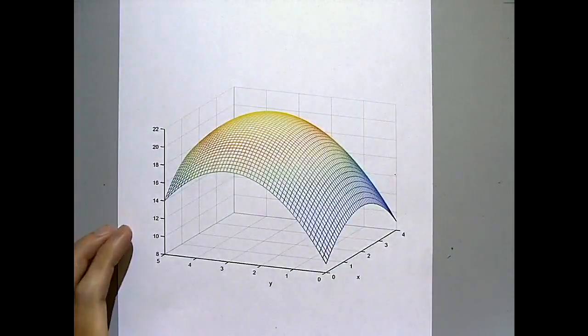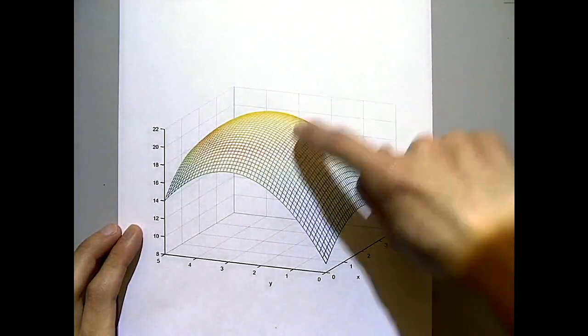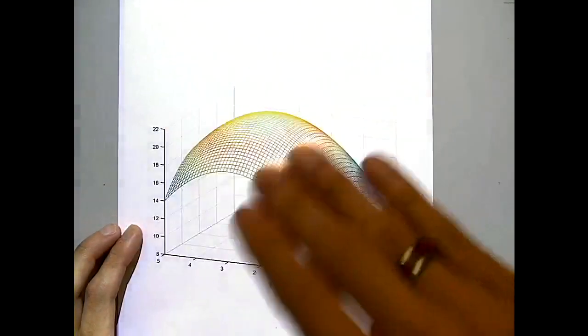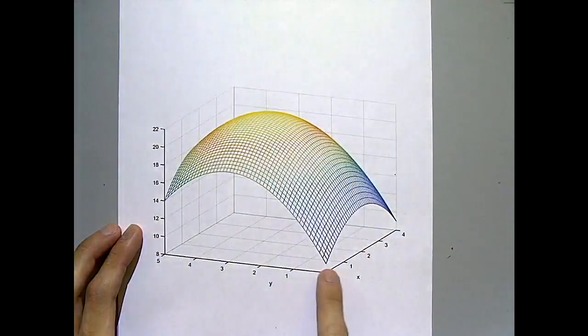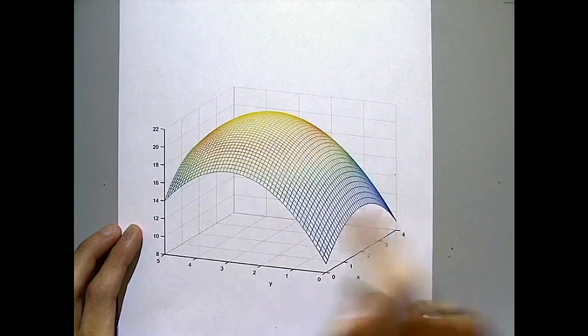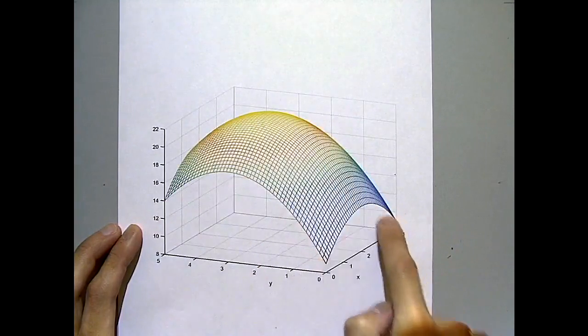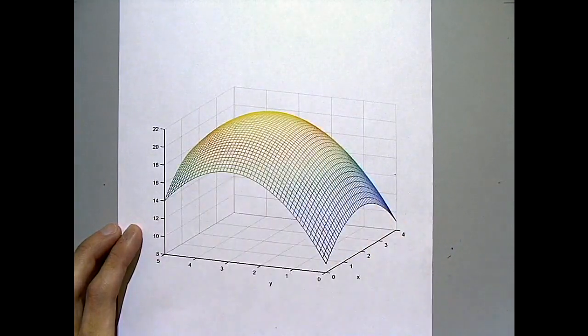Now you can see by inspection, we are probably going to find an absolute maximum somewhere in the middle of that patch. But notice that the absolute minimum is going to be, just by inspection, somewhere probably at one of these corners. You've got to remember that the maximum and minimum can occur anywhere on this patch and anywhere along the 4 edges. We have to check all of them.